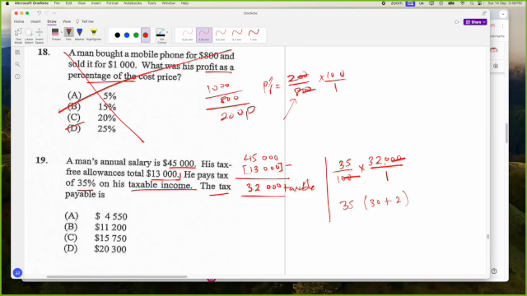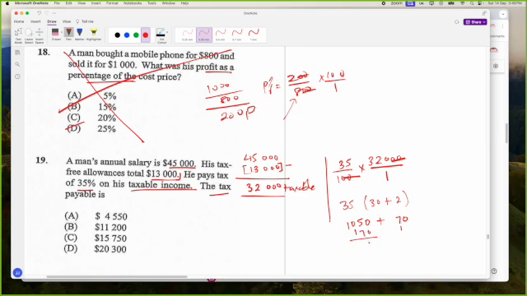Alright, I'm multiplying 35 by 32. So 5 threes are 15, and 3 threes are 9, and 1 is 10, 105, and I had to add the 0 there. Plus 5 twos are 10, and 3 twos are 6, and 1 is 7.